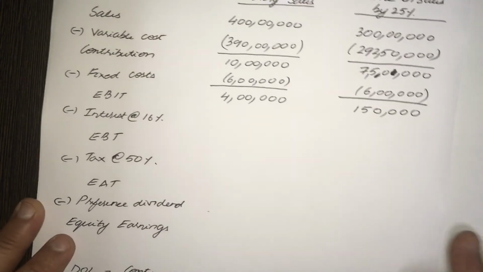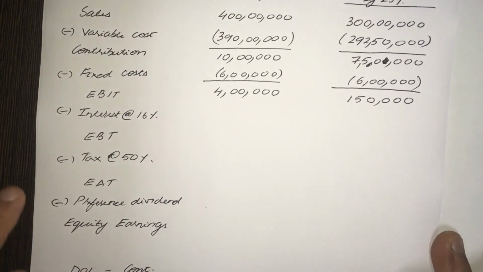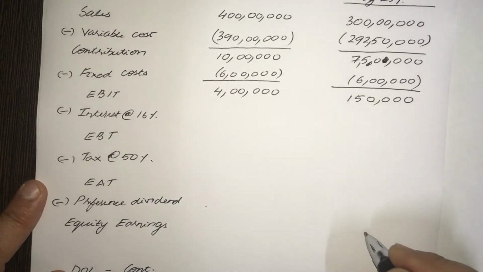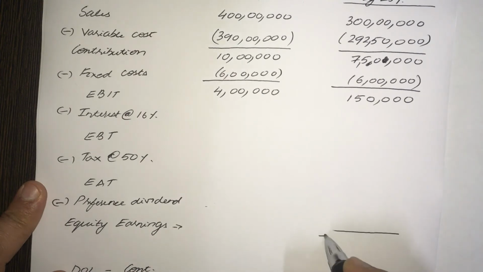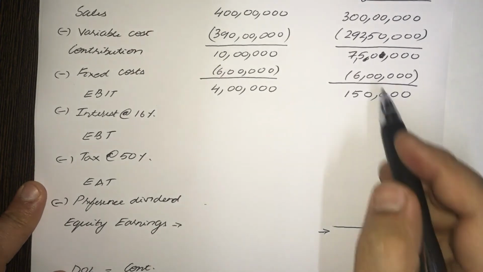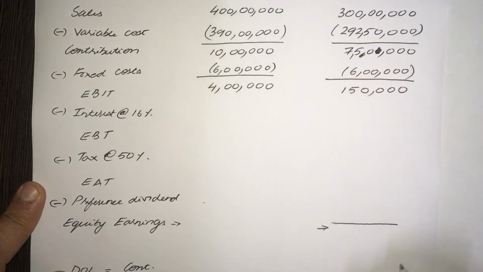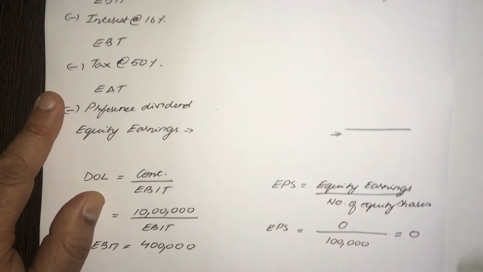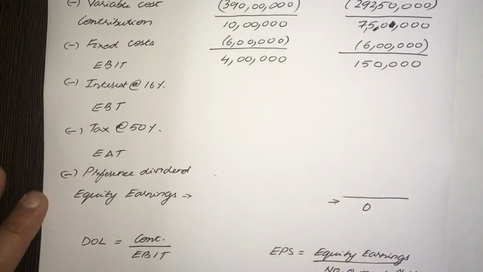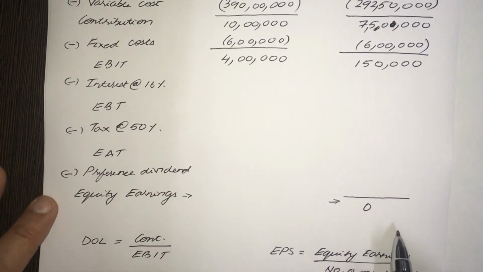So a 25% decline in sales will wipe out EPS. EPS will be 0 when equity earnings is 0. When will equity earnings be 0?